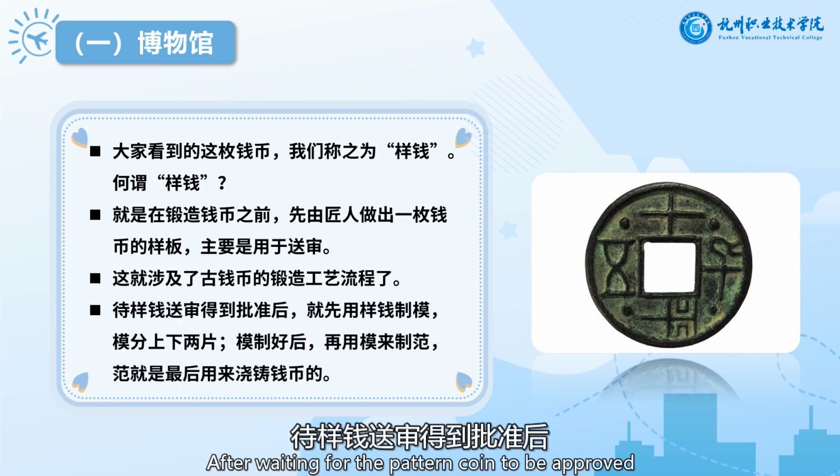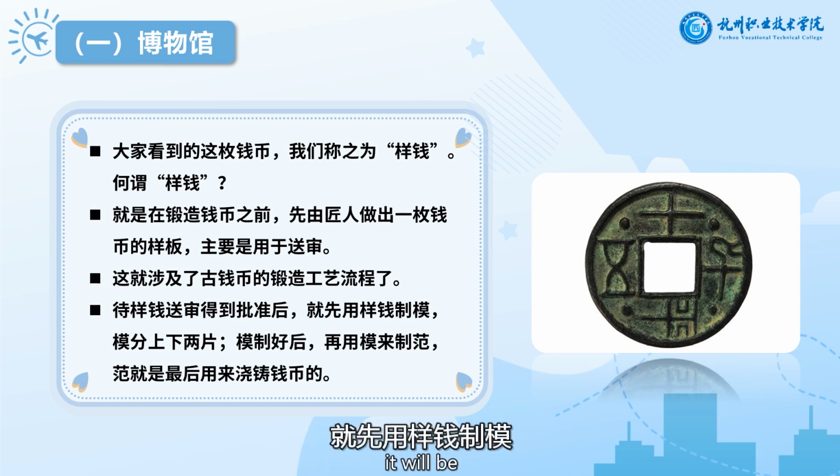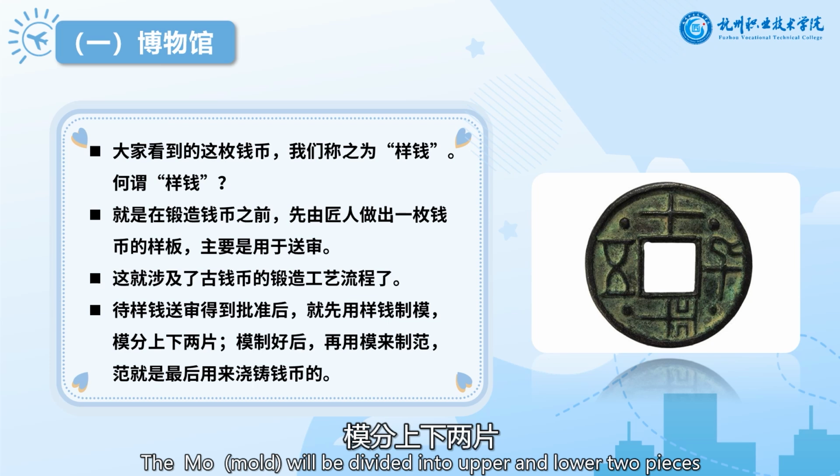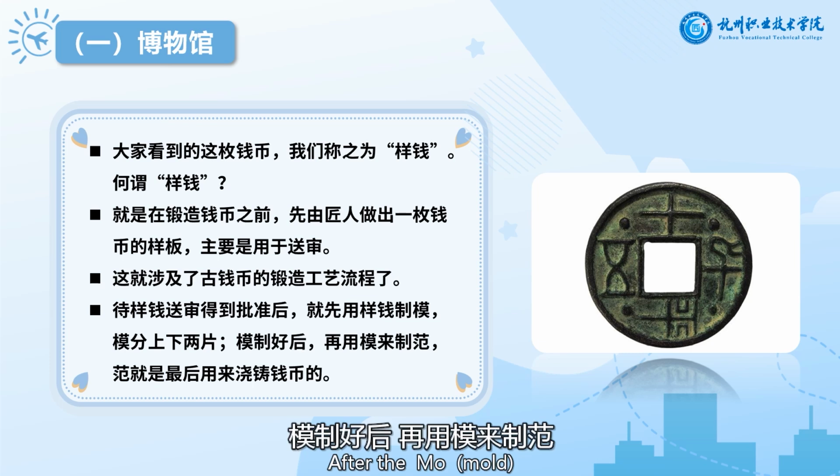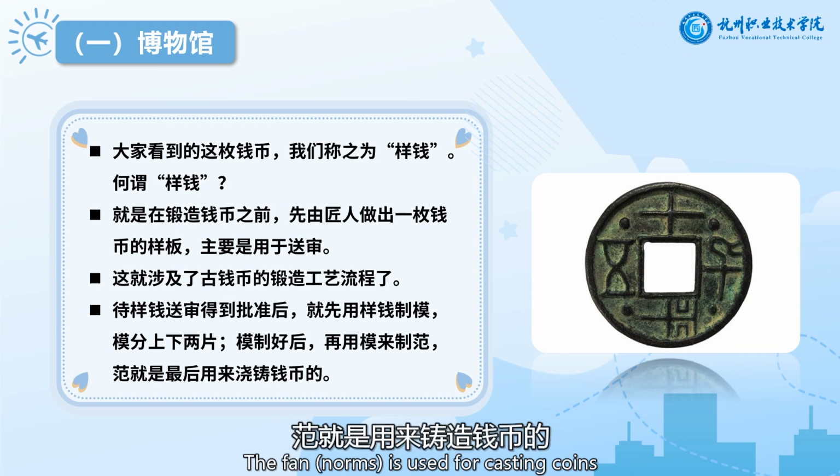After waiting for the pattern coin to be approved after being submitted for review, it will be used first to make the Moor mold. The Moor mold will be divided into upper and lower two pieces. After the Moor mold is made, it is then used to make the fan norms. The fan norms is used for casting coins.